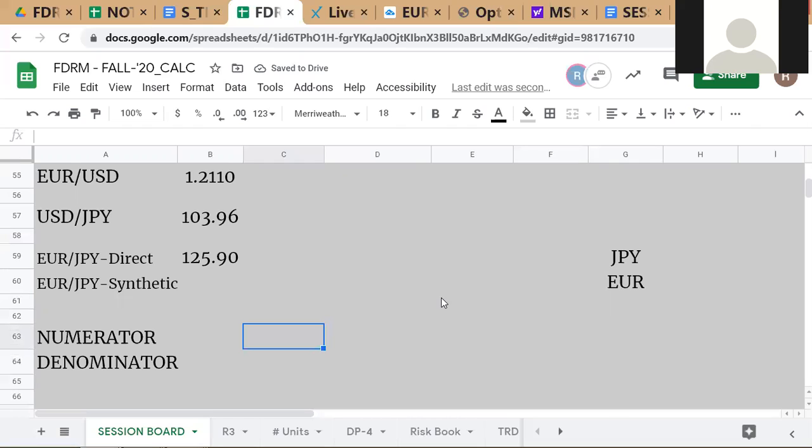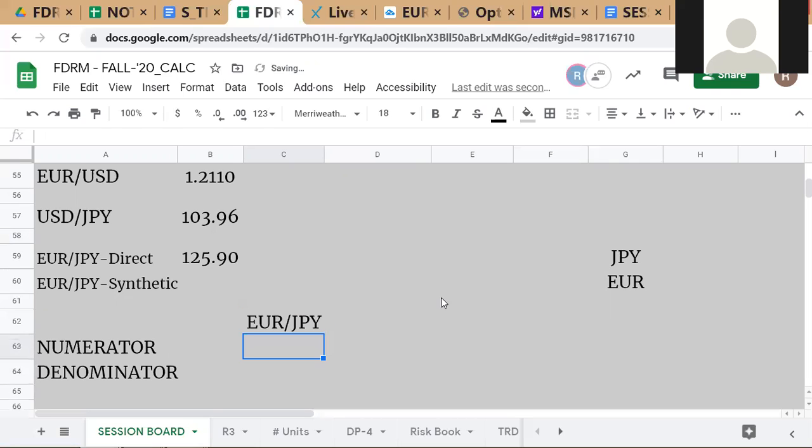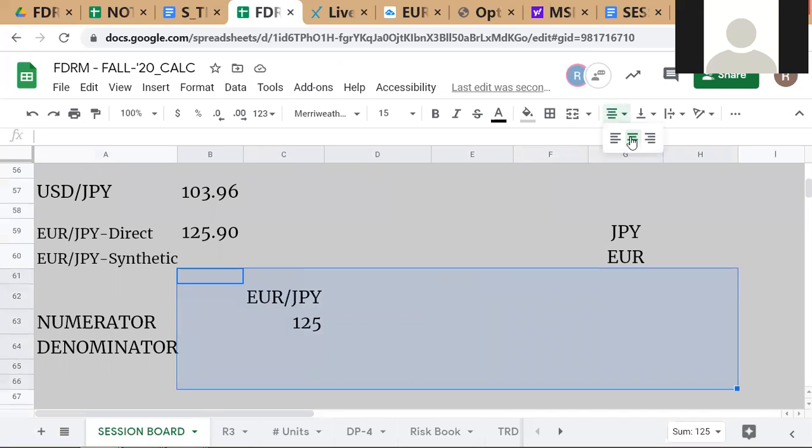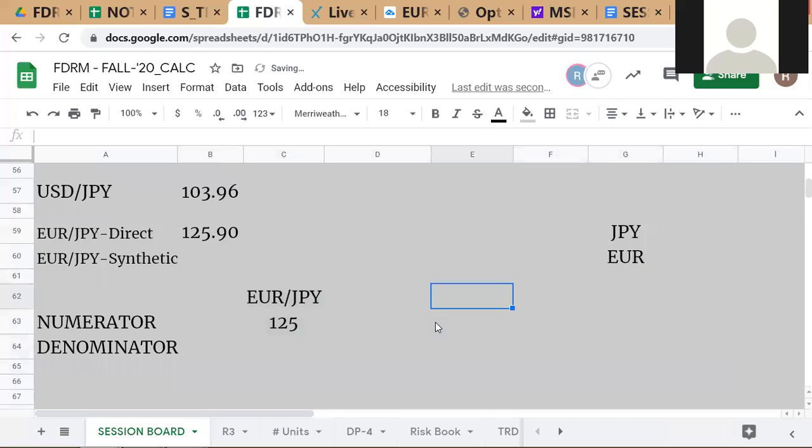So in the case of euro yen, how do we write this? Okay, let's try to write it like this. Euro yen, we're saying the numerator is 125 yen, and everything here should also be centered, leaving out the first column. Numbers look much better if we center them. Euro yen, let's call this EUR.